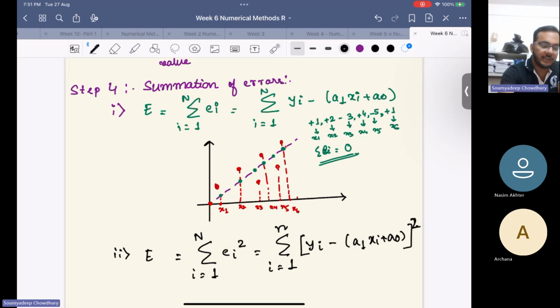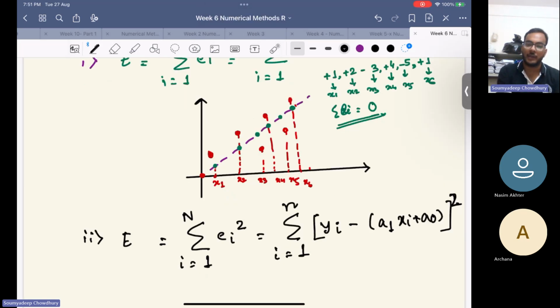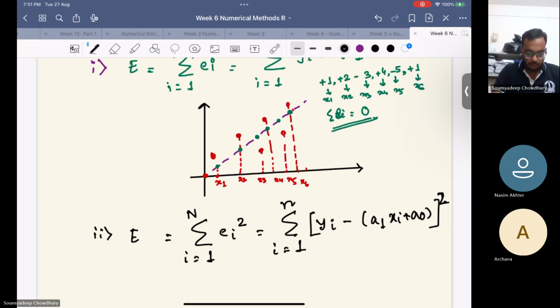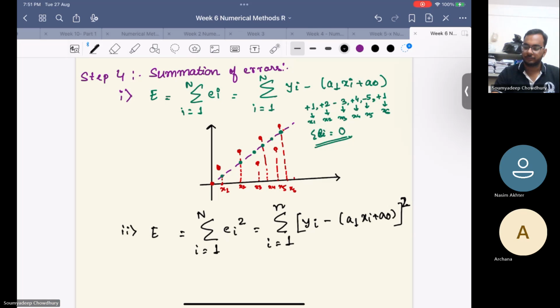If I square this and then sum up, it will not give me any negative number, because the square of any positive or negative number is always positive. That will give me an idea of the actual error. So whenever we describe error here, we do not sum up the plain differences between the predicted and the true values, rather we square the errors and then sum up. Is it clear? Yes, it is clear.